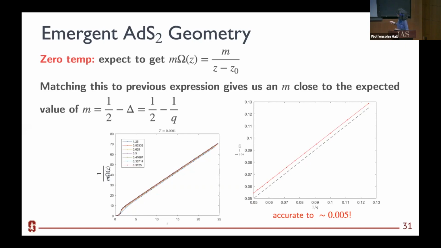Matching this expression to the previous expression in the other slide gives us a value of M close to what we expect in the low temperature limit of SYK. In fact, it's accurate to 3 decimal places. So that's very promising, that our reconstruction protocol is giving us some sensible dual that agrees with analytic results.